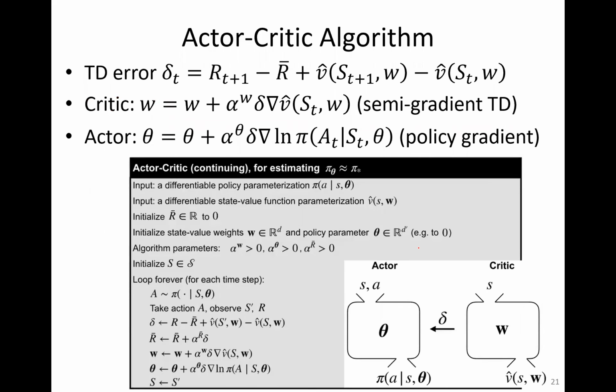So here's the actor-critic algorithm. The critic computes the TD error delta, and then the critic uses the TD error to update its weight parameter w with semi-gradient TD. The actor also uses this data to update its policy based on policy gradient.